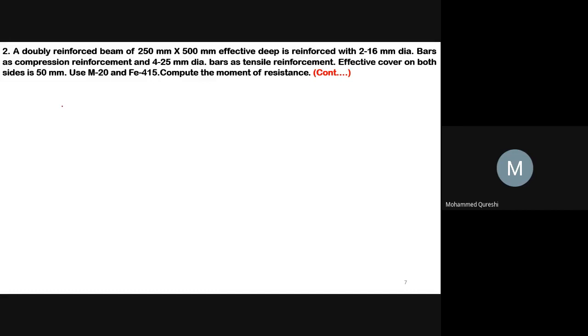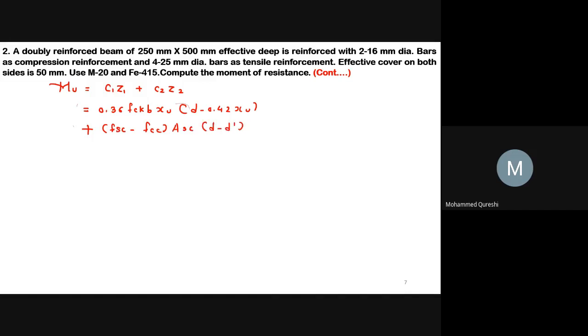Now, for calculating the moment of resistance, we know that Mu equals C1 Z1 plus C2 Z2, and the value of C1 is 0.36 FCK B into XU (D minus 0.42 XU), and the value of C2 is (FSC minus FCC) into ASC (D minus D dash).